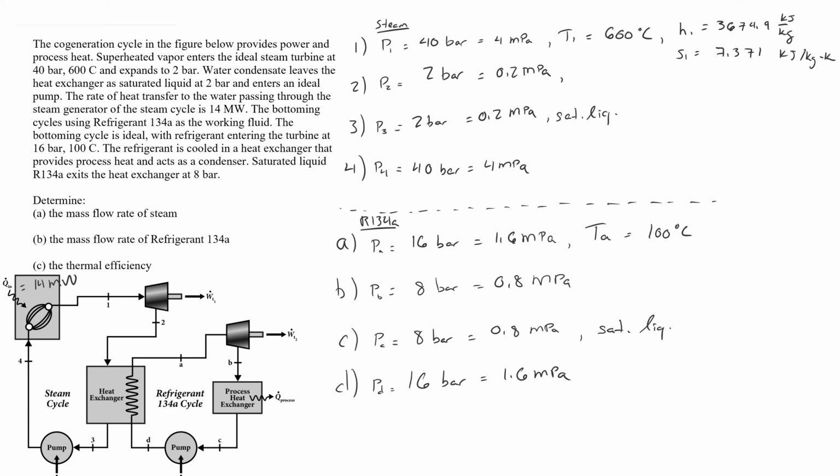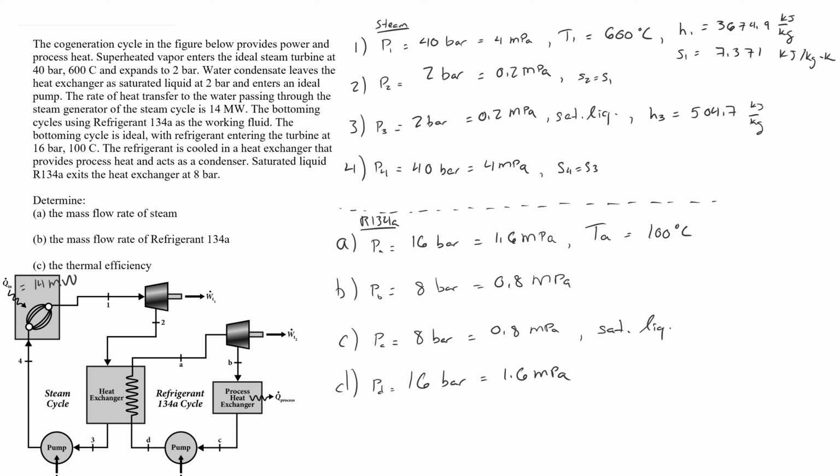Because my turbine is ideal, I know that S2 is equal to S1. I'll calculate H2 in just a moment. So saturated liquid at 0.2 MPa has an enthalpy of 504.7 kilojoules per kilogram. And I know that my pump is ideal, so S4 is equal to S3.